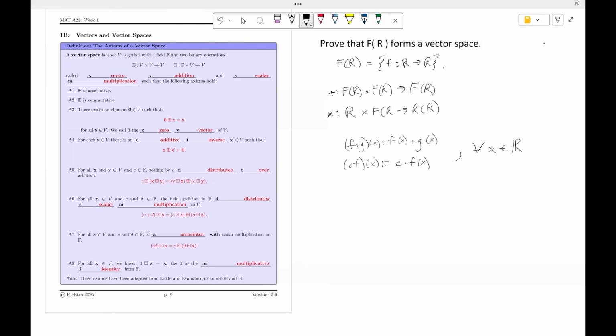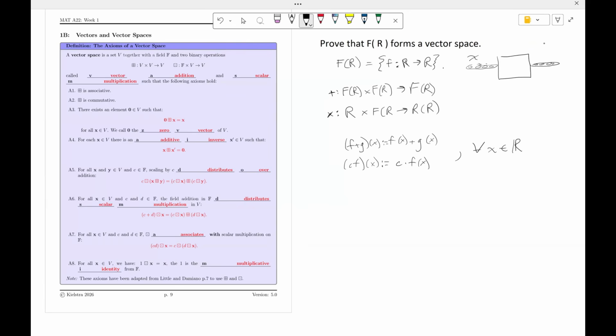Now, this might feel a little strange. Why is this f plus g and f plus g? What's going on here? Well, let's try to think back to grade 1 or 2 when we first learned functions. Some of you may have seen this picture here, where you have some sort of machine.